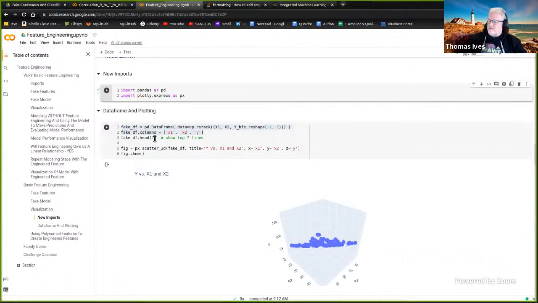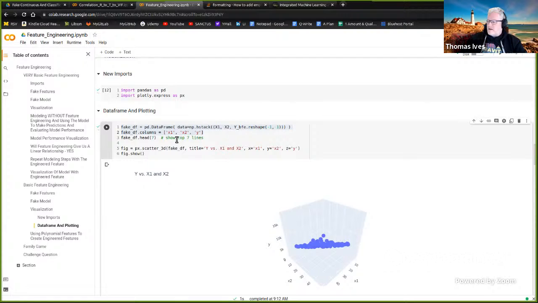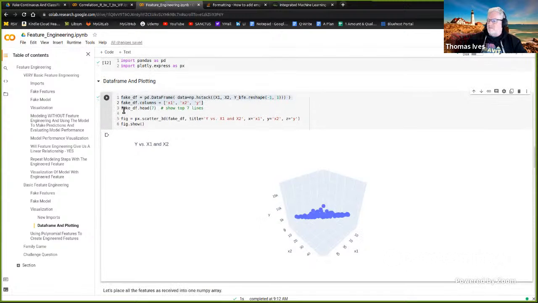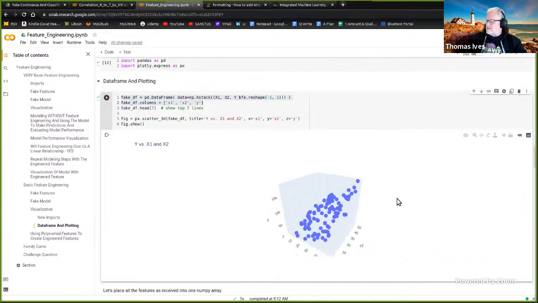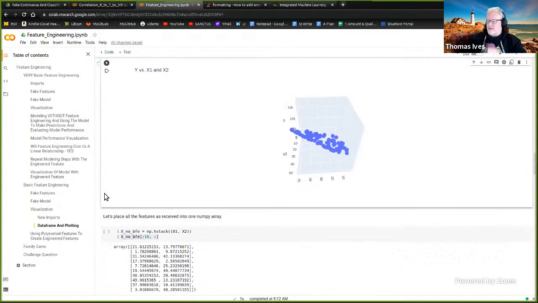And I'm just going to look at the top 7 lines of this. Now it looks like I'm not going to see the top 7 lines. Oh, I didn't print them. That's the problem. This would have to be the last line in the cell for it to print. But what is Plotly showing us here? That's interesting. Okay. And I didn't necessarily need to do that, but it's a good check.